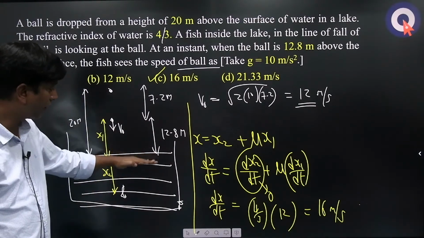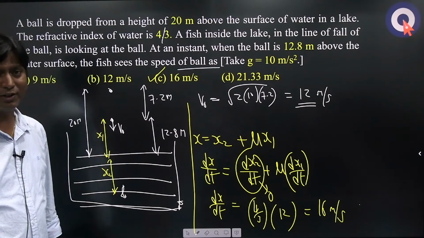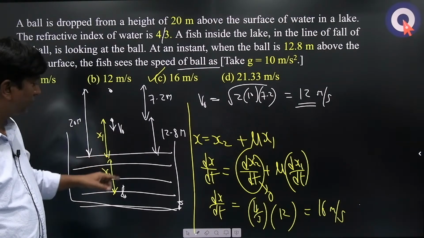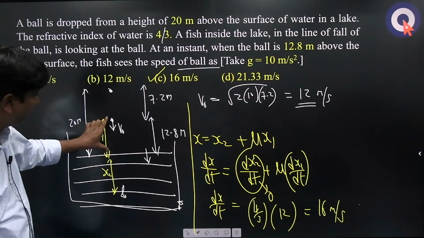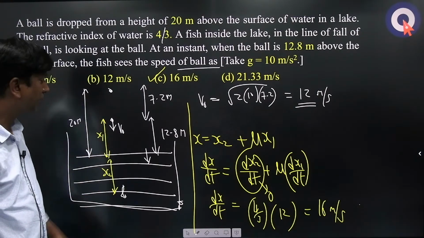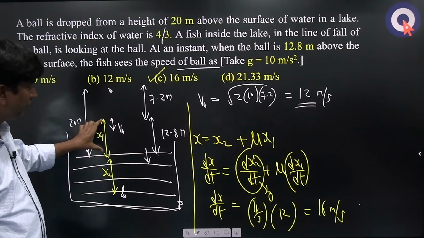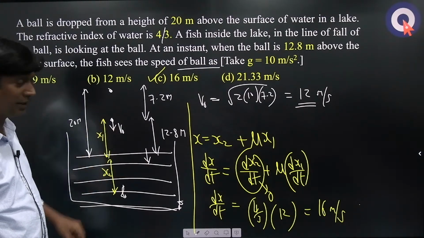So when the water level is dropping down, this distance will increase or decrease accordingly. You have to check it, right? So this level will drop with some speed, and x1 may increase or decrease. If this speed is greater than the ball's speed, then the value of x1 will increase, and if this speed is less compared to this, then x1 will decrease.